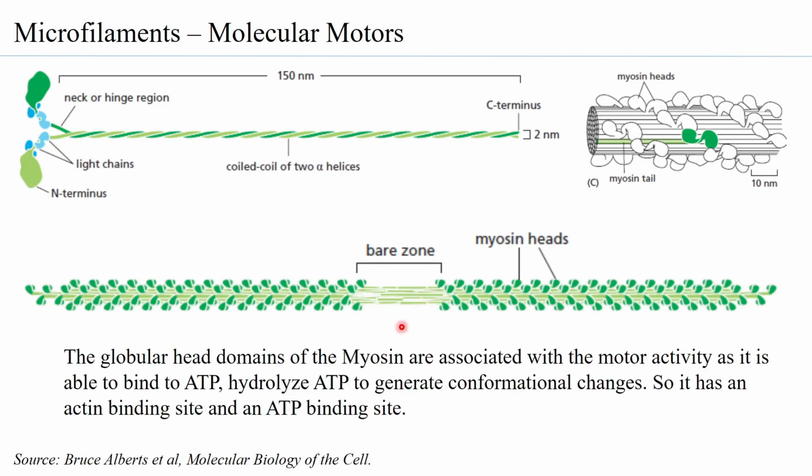These globular head domains of the myosin, as mentioned, are associated with the motor activity. They are able to bind to ATP and hydrolyze ATP to generate conformational changes, and this plays a very important role. Interestingly, these myosin heads also have an actin-binding site, so they can bind not just to ATP, but also to actin.